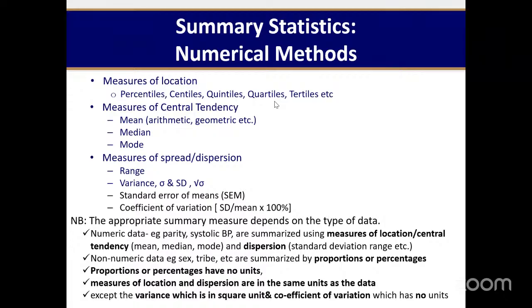So what do they say? 2 per 1 million participants. It's a form of proportion, but not a percentage. Now, proportions and percentages have no units. So we are going to look at the various numerical methods of summarizing data.